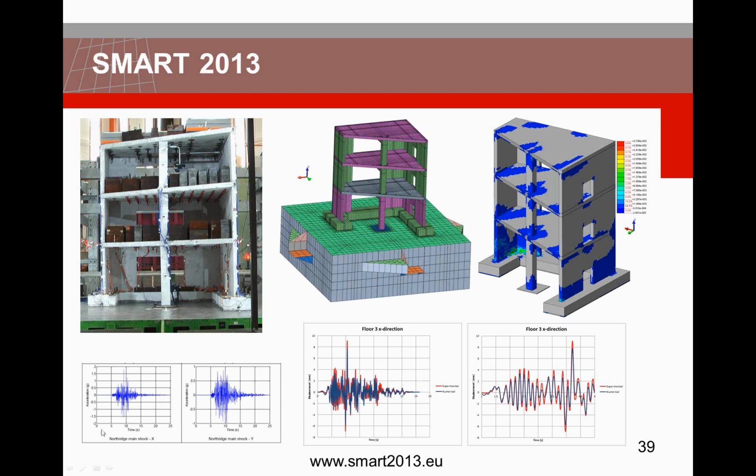All the loading is prescribed, and the same loading of the experiment is applied to the numerical models. For one of these runs, we show the DIANA results compared to the experimental results. For instance, in this corner point, you see that we were able to match the numerical and the experimental results quite well.